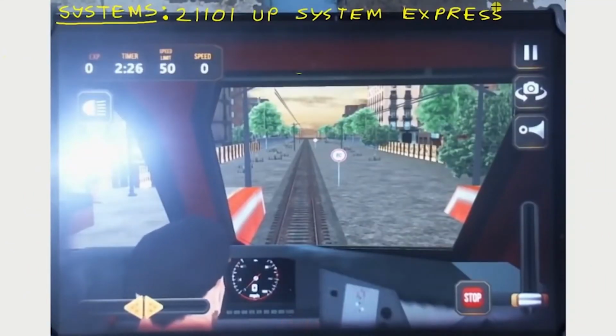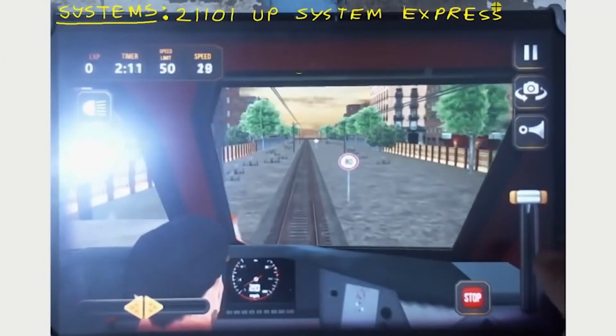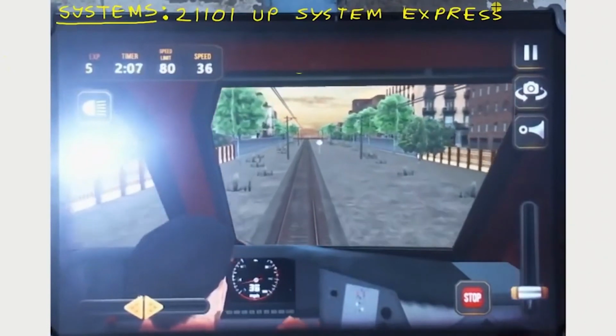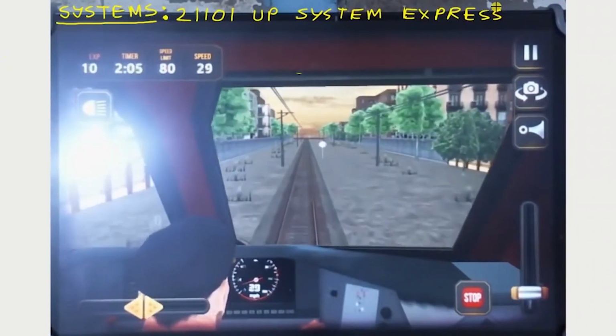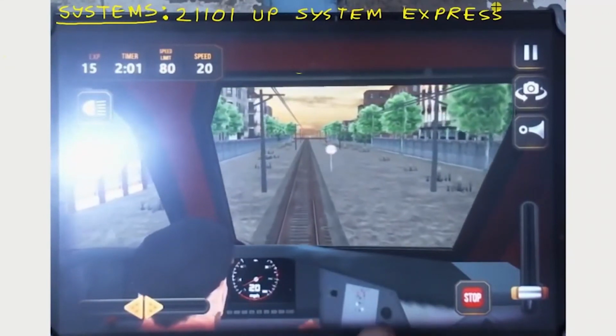My train is very simple. It has only one control, which is this lever. If I push this lever up, then the train gains speed, and if I pull it down, then the train slows down and eventually stops.